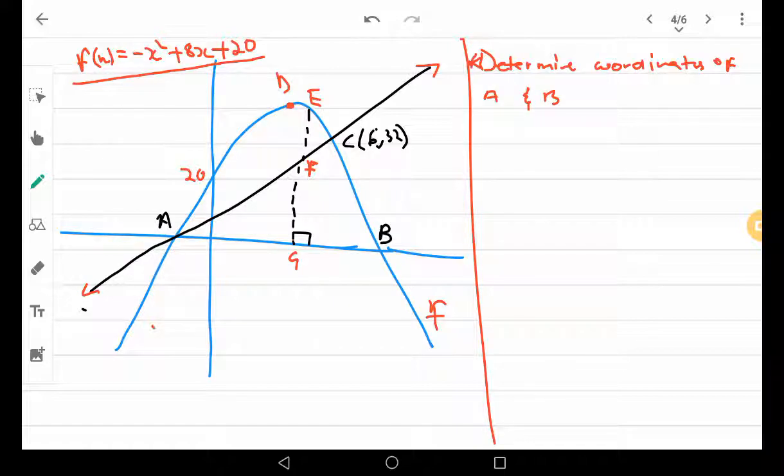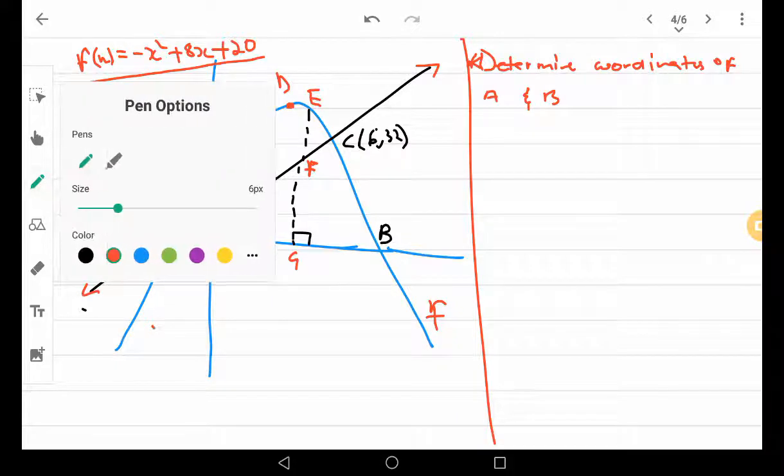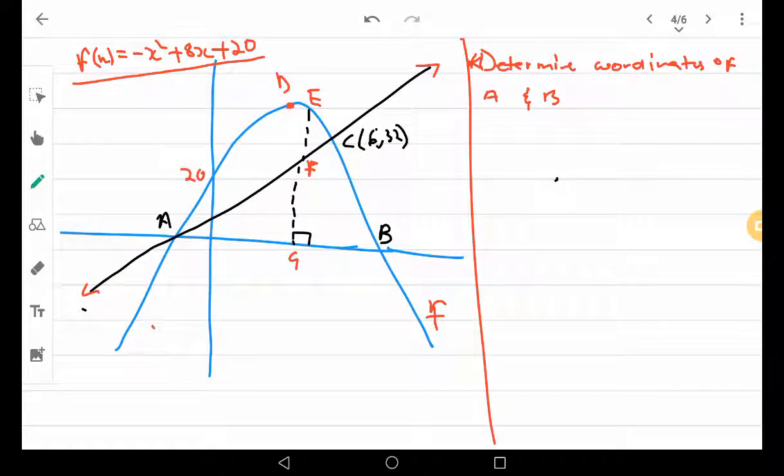How are we going to determine the coordinates of A and B? Check what's happening at A and B. The x-intercept, so 0 is equal to minus x squared plus 8x plus 20, because at B and A the y coordinate is 0.